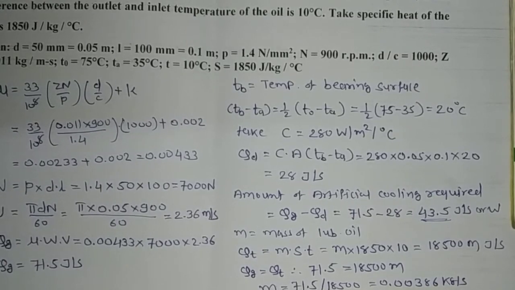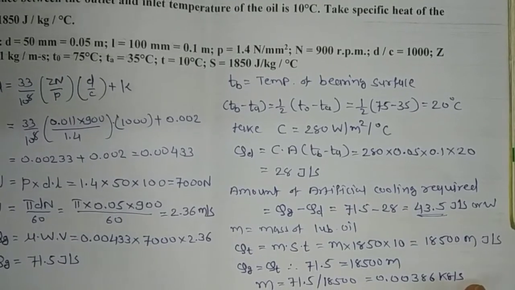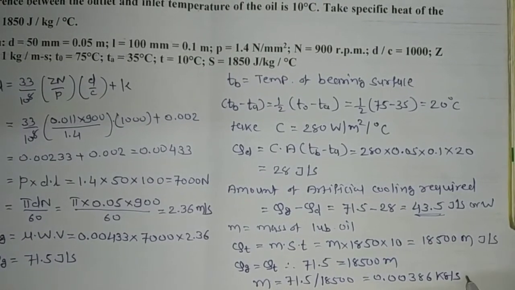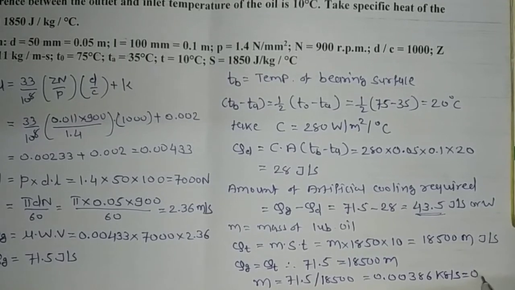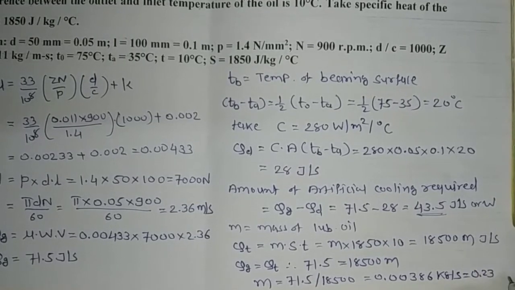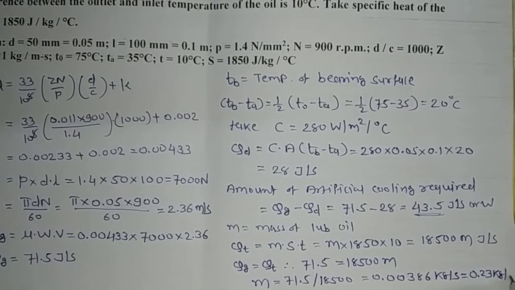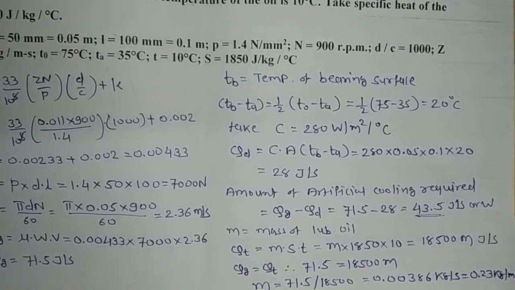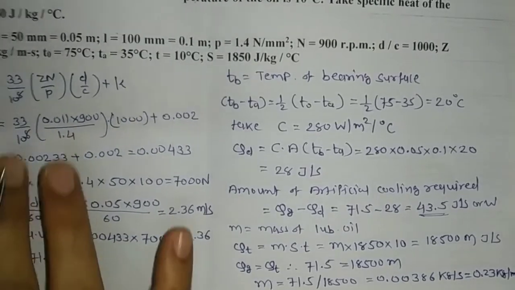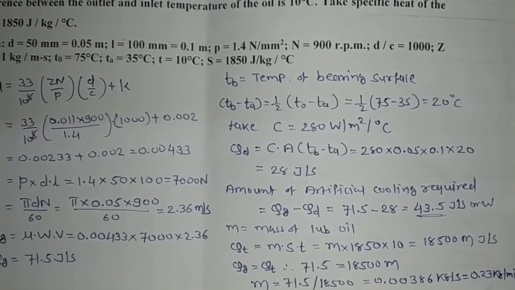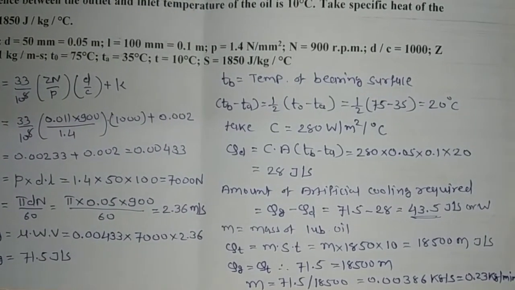Okay, kg per second, or you can say in kg per minute, it is 0.23 kg per minute. So this is our answer. M is equal to 0.23 kg per minute.